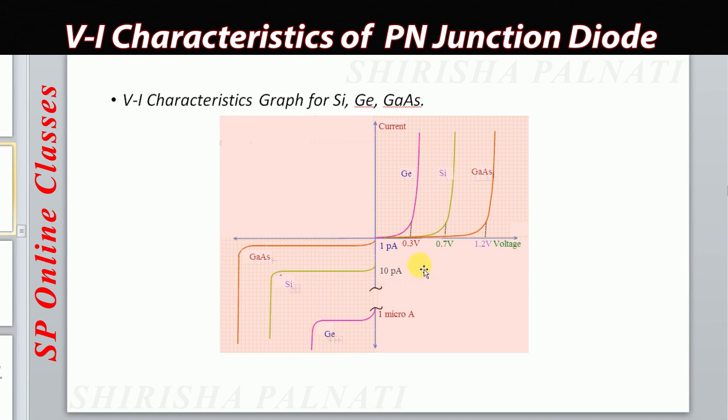Next, gallium arsenide is represented in red. This curve represents the forward bias, and its potential barrier or cut-in voltage is 1.2 volts. The red color also represents the reverse bias condition of the curve. So this is the total VI characteristics of the three materials.